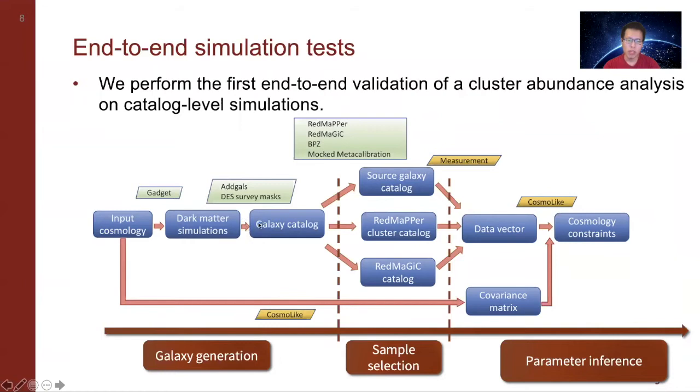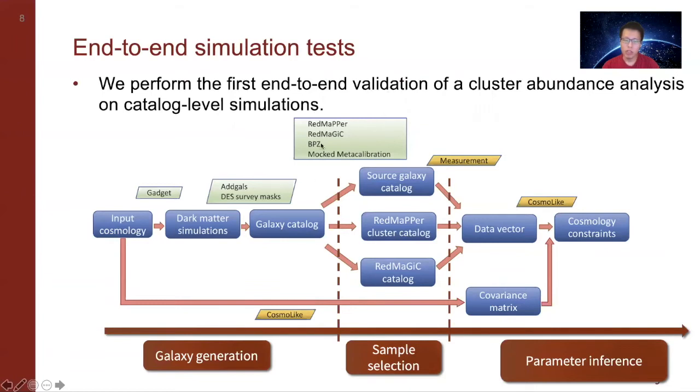We then run ADDGALS to get the galaxy catalog. We treat this galaxy catalog as a plausible universe. We then run through our cluster finder, the redMaPPer finder, the galaxy finder, the redMaGiC galaxy algorithm, the photo-z code, BPZ, and the shape measurements, Metacalibration.